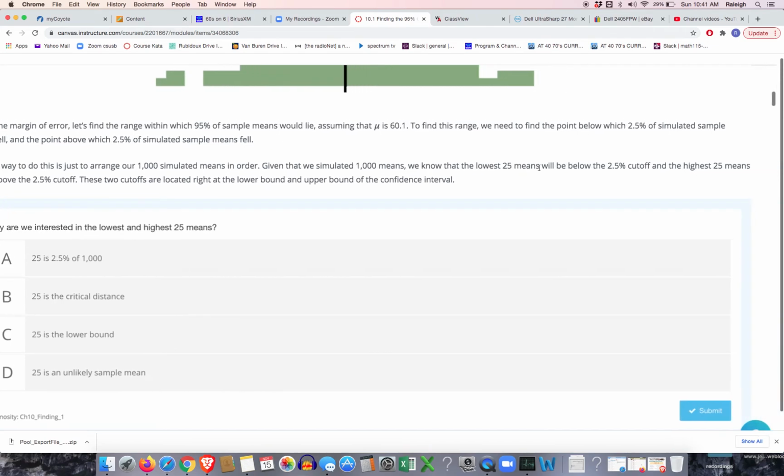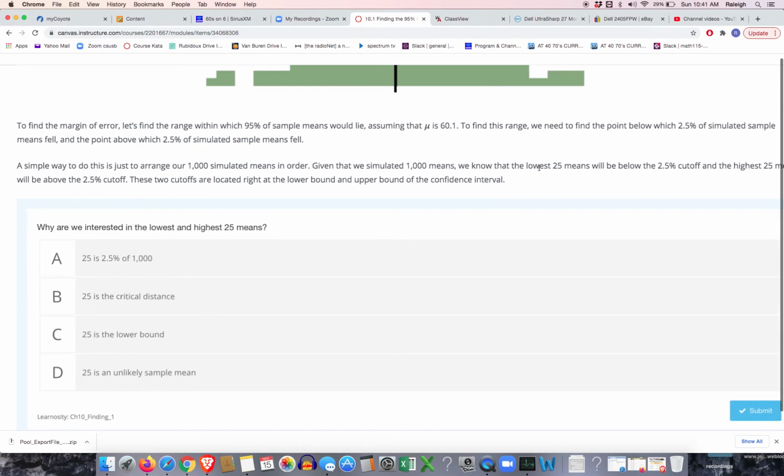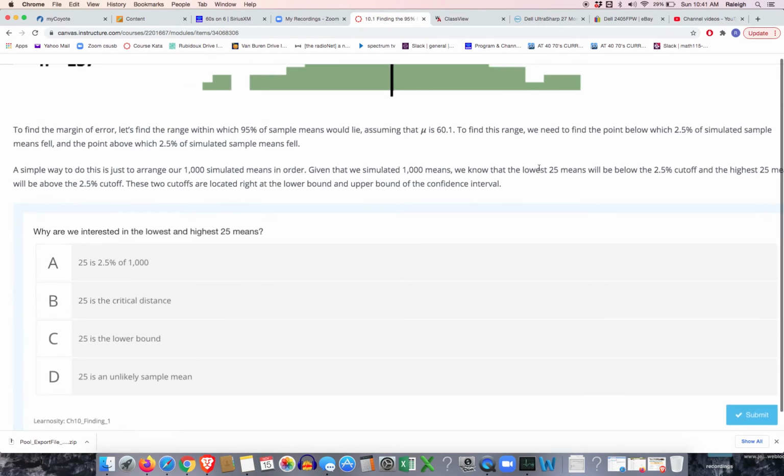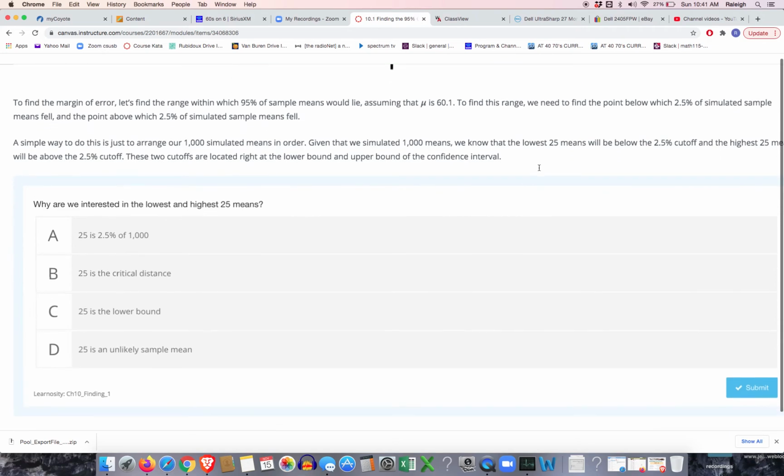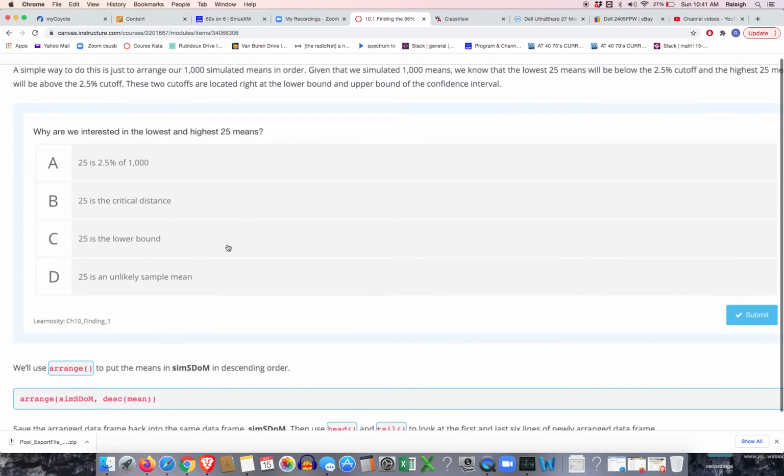The highest 25 would be too extreme to the right, the higher numbers. So we wouldn't want those. We want the ones in the middle, the 95% in the center. That's the very definition of a 95% confidence interval. And yes, that's why we're interested in the lowest and highest 25 means. 25 is 2.5% of 1,000.